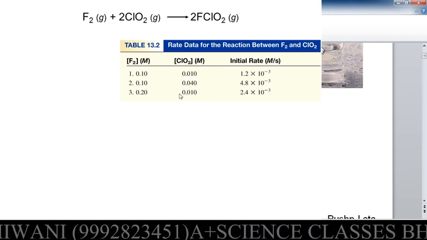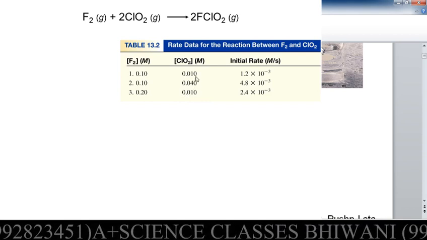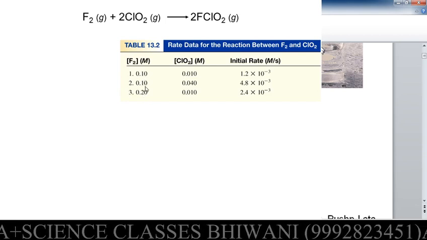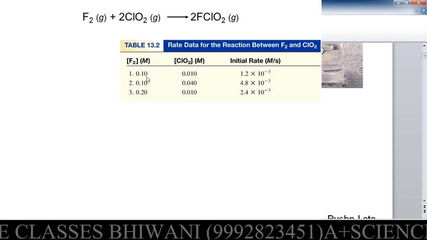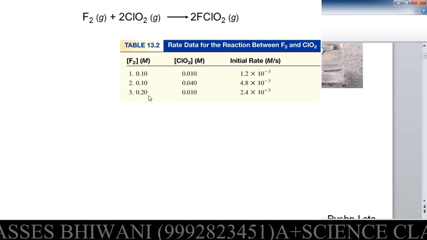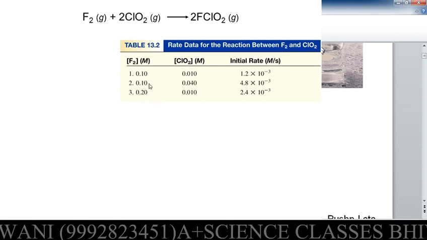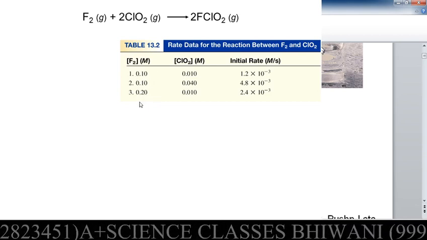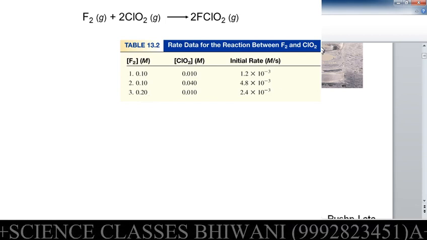In the third also it's 0.010. Now, whenever we take a constant concentration of chlorate, what happens to the concentration of fluorine? In the first experiment it's 0.10 and in the third experiment it's 0.20. It means it increases from the initial. And how much does it increase? 0.10 to 0.20. It goes double, 2 times.